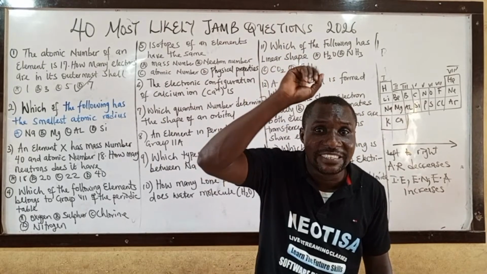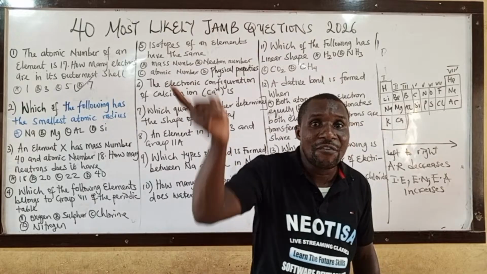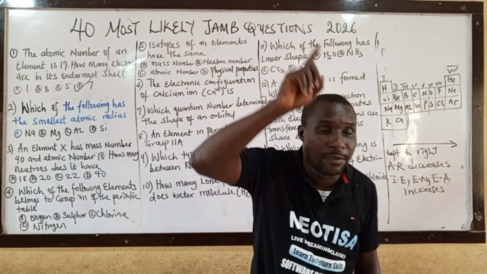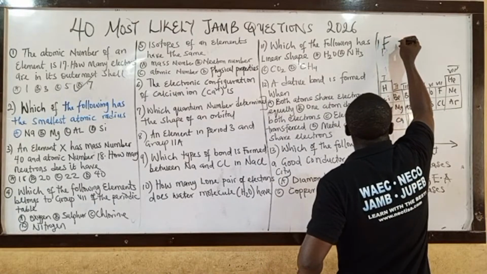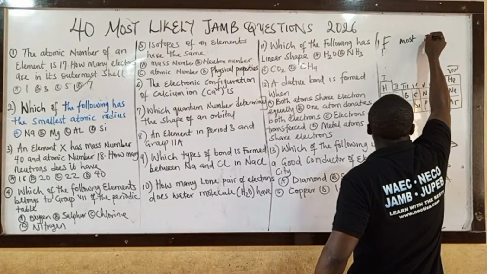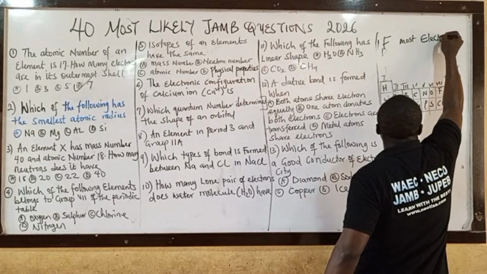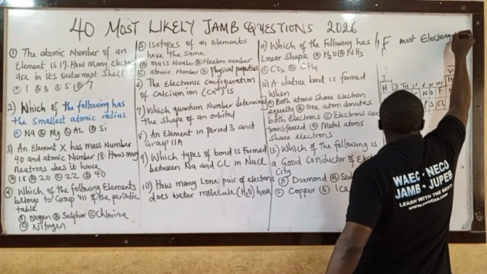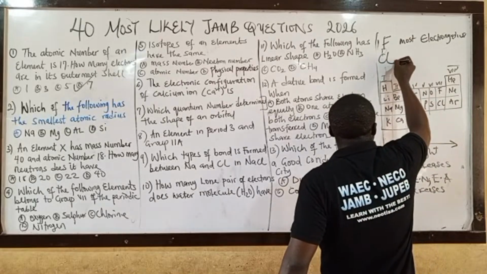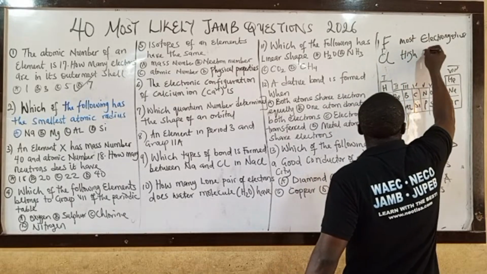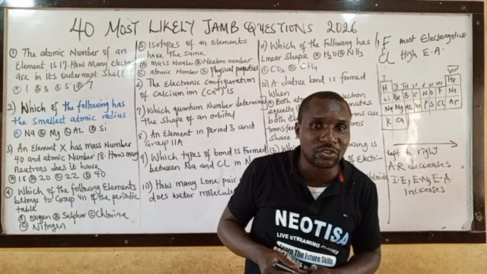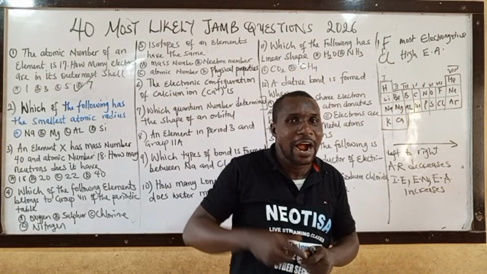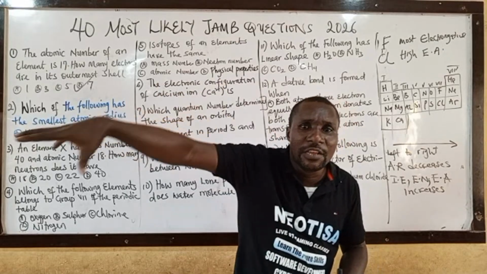Chlorine has the highest electron affinity, while fluorine is the most electronegative element. I will explain in a video.